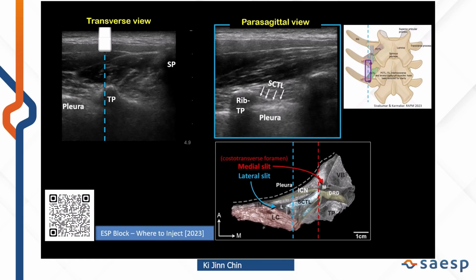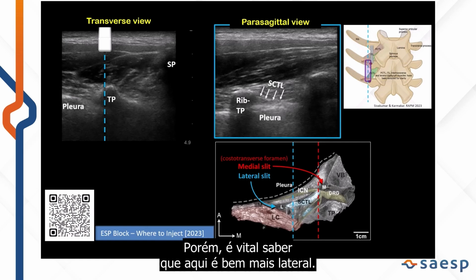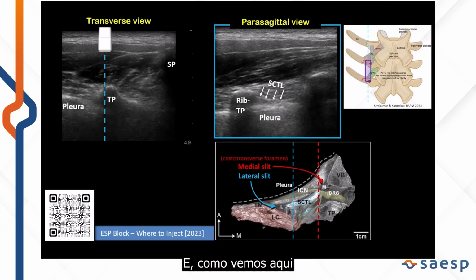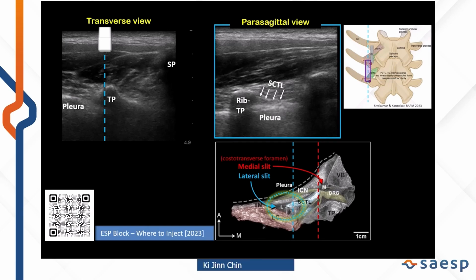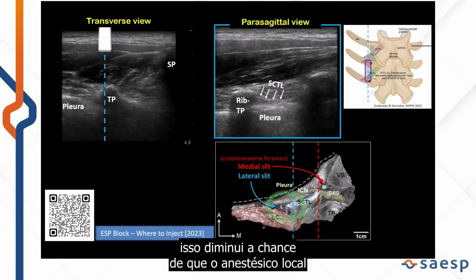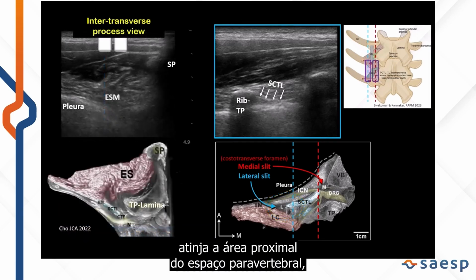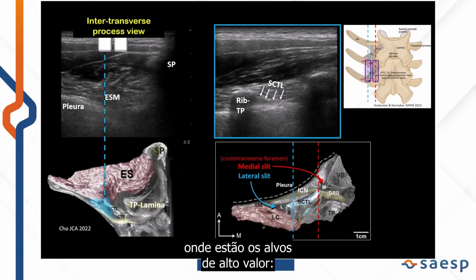And it looks good. However, it's important to recognize that this is significantly more lateral. And as you can see here, from this intertransverse process view, it lowers the probability that local anesthetic is going to reach the proximal area of the paravertebral space, where the high-value targets are, the dorsal root ganglion and the spinal nerve root. Rather, the local anesthetic is likely to be in the more proximal intercostal space.